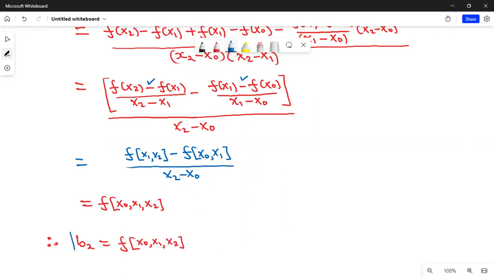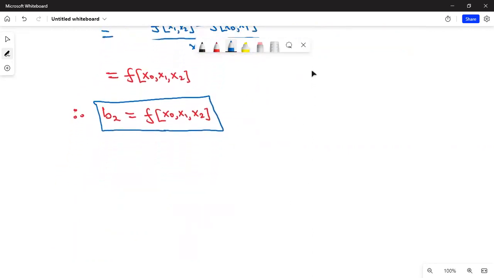And so you can proceed with the same pattern to get B3 all the way up to Bn. So you can say that therefore, on replacing the constants in equation star, the Newton's divided difference interpolation, or simply interpolating polynomial, will take this form. We simply need to substitute those constants.